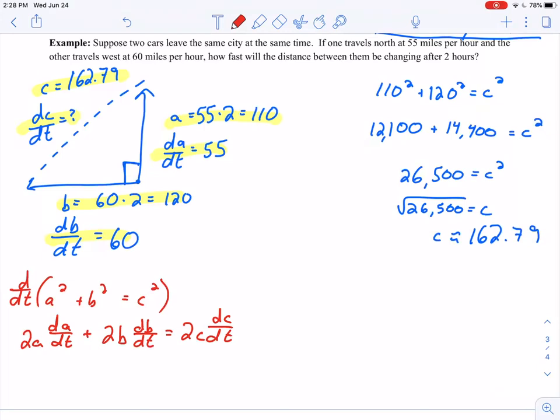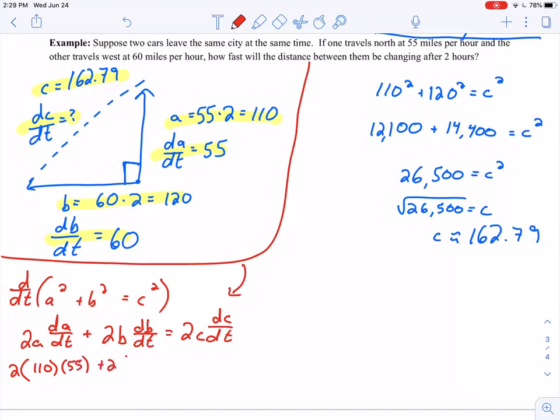And now I just need to take the information that I have up here in my drawing and plug it into this derivative. So 2 times a, that is 110, times dA over dt, that is 55, plus 2 times b, that's 120, times dB over dt, that's 60, equals 2 times c, that's 162.79, times dC over dt, which is my variable, what I would like to solve for.